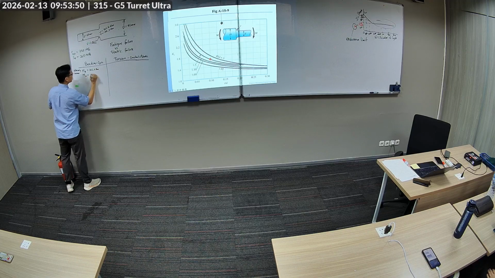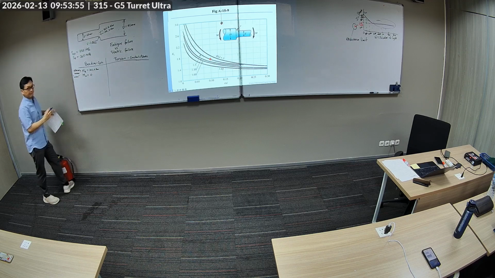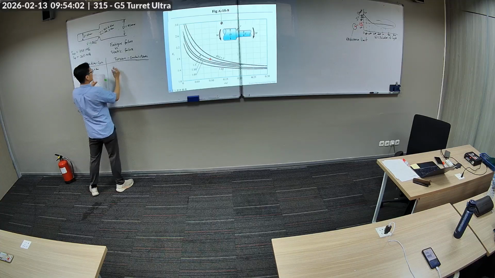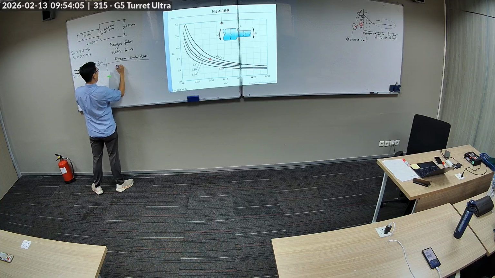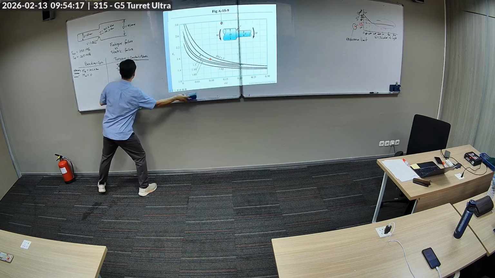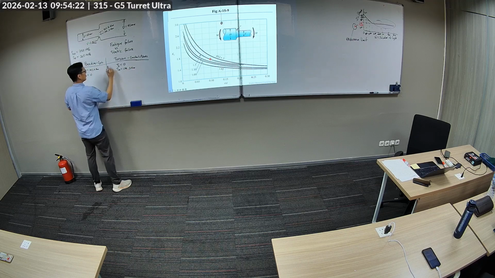MM is 0. So this is the mean moment, because this moment is cyclic. Remember? Talked about that enough, I think. So here, the torsion, the alternating torsion is 0, but the mean torsion is 124.3 Newton meter. Okay, so this is the alternating, this is the mean.